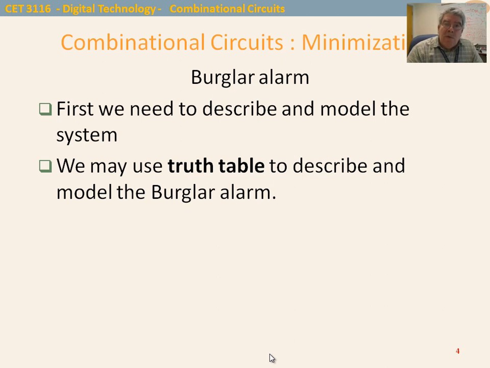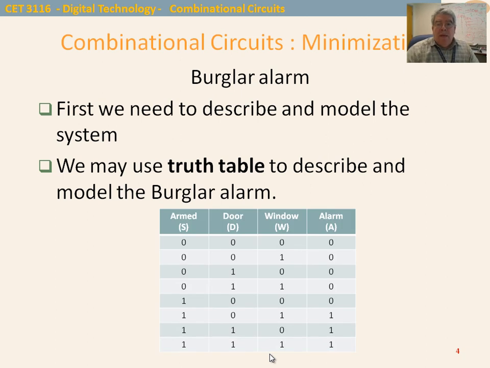For that, we use a truth table to describe each and every one of the events that we would like to have, in other words, to describe the behavior of the system. Very simple: we have the alarm armed, from the keypad or whatever you set.